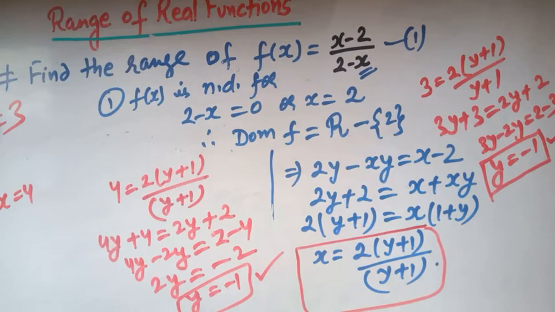So we conclude that if we substitute any value of x, you can test or verify it by yourself by substituting some more values of x in equation 2, and you will come to the conclusion that in all cases y is equal to minus 1.